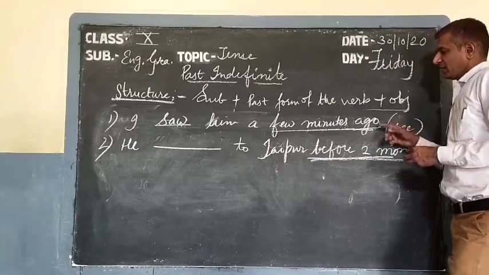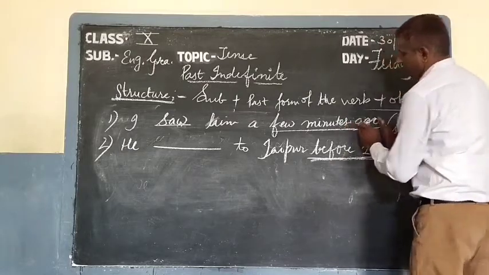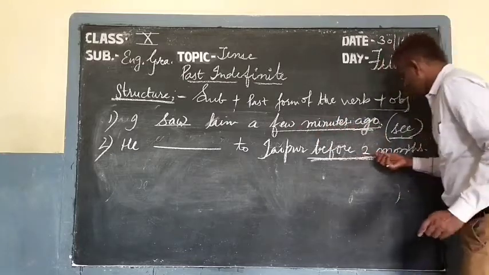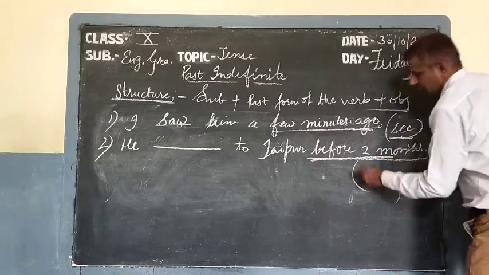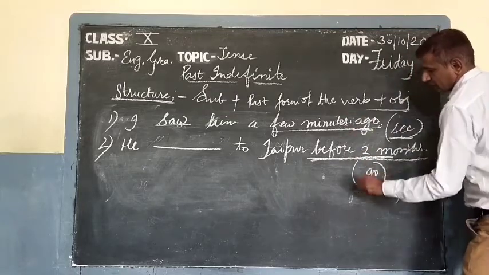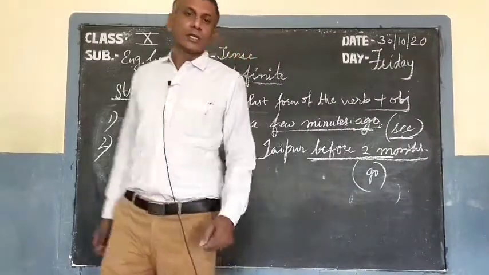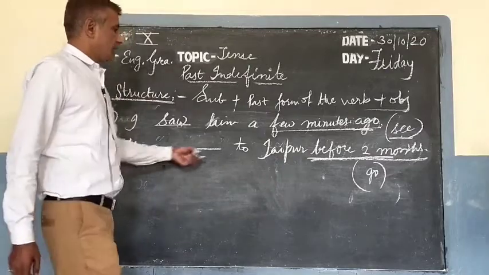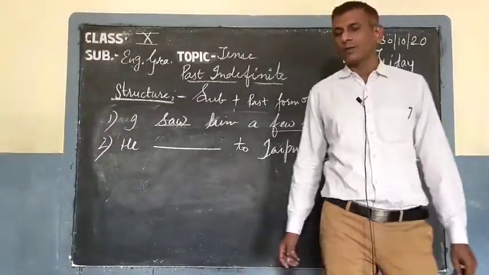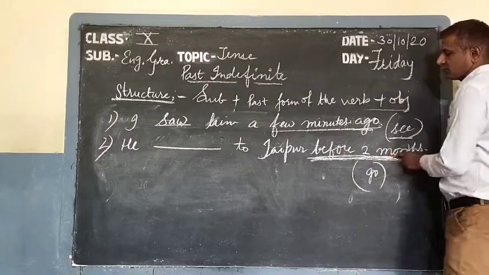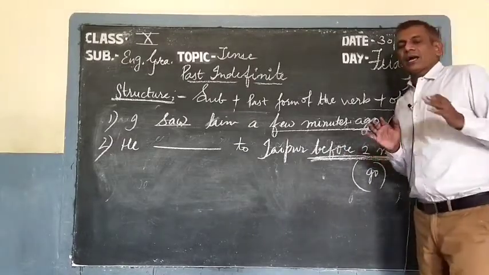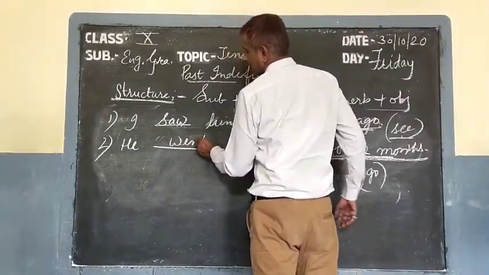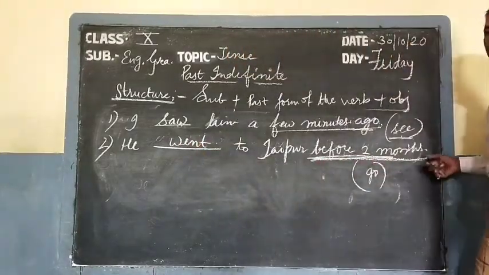Before there is time. Here time is before, ago, a few minutes ago, or before plus time. So this is also identification word of the past indefinite. So in this sentence now see, he to Jaipur before 2 months. So it means past indefinite. In past indefinite we use the past form. So past form of go is went. So he went to Jaipur before 2 months.